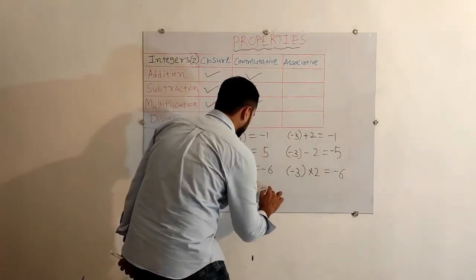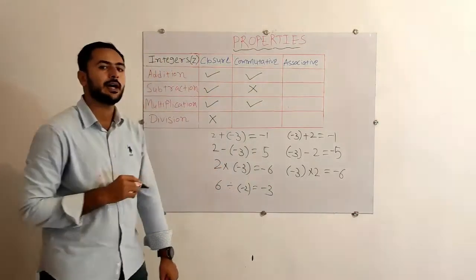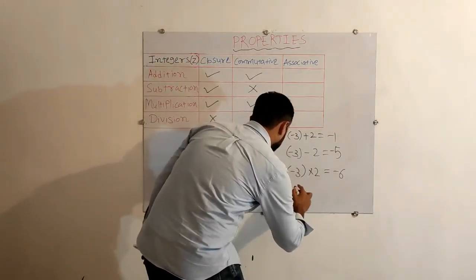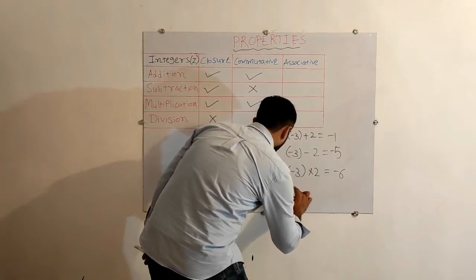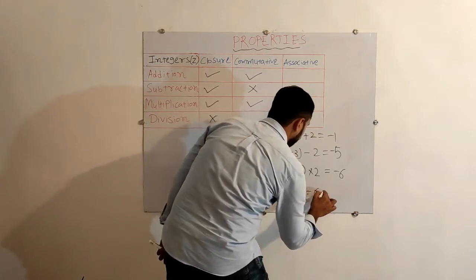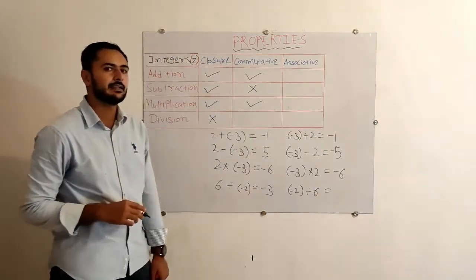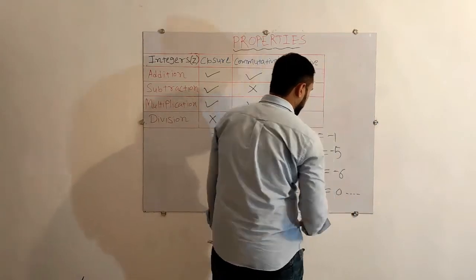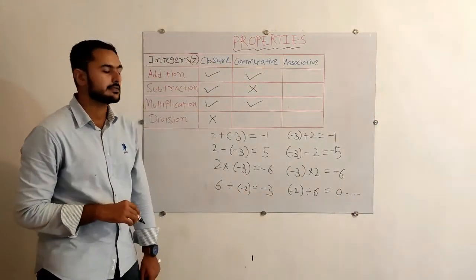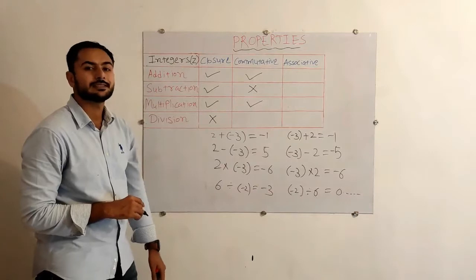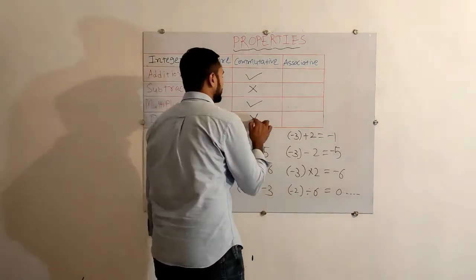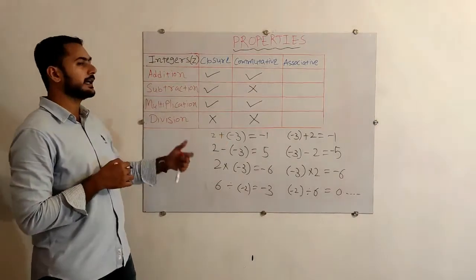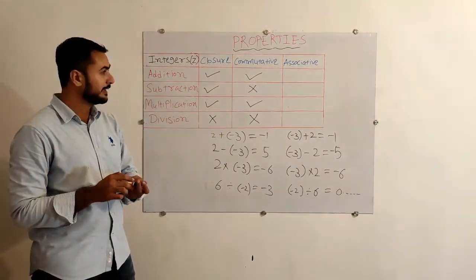And if I shuffle that, minus 2 divided by 6, we will get the answer in decimal. It means both are not the same. So again, no, integers are not commutative under division.